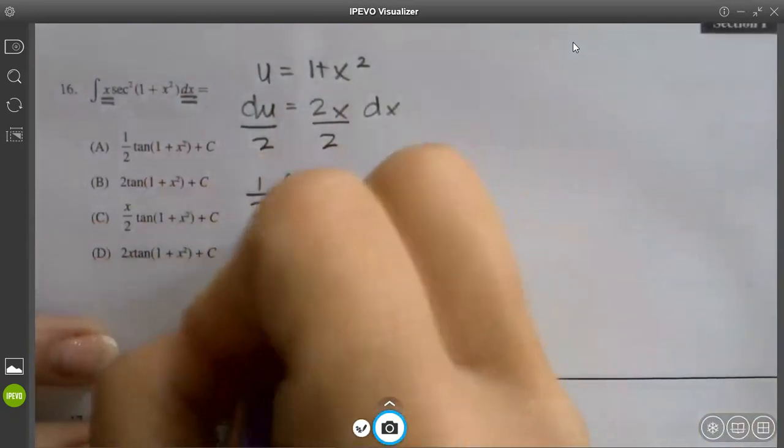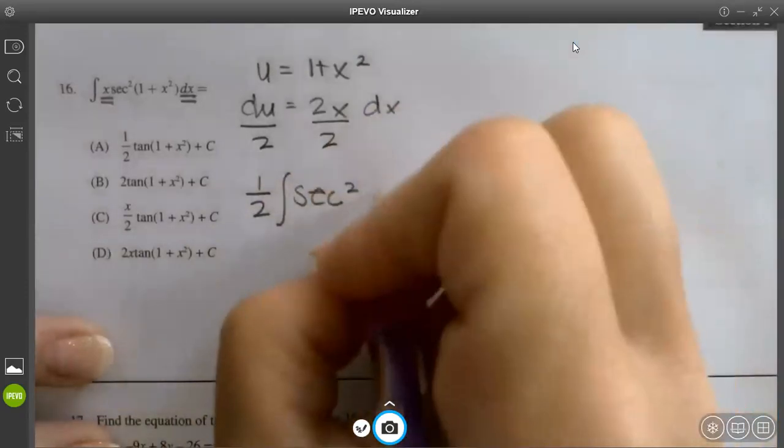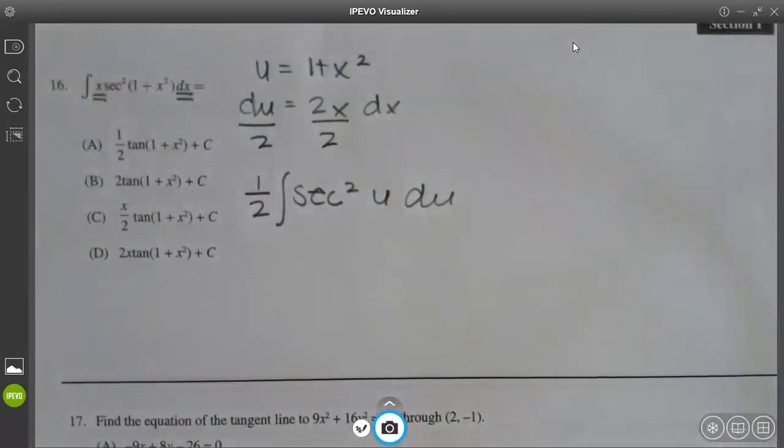So we take out a 1/2. We're taking the integral of secant squared U du. What's the integration of secant squared? Okay, so what caused the derivative to be secant squared? Remember, they're backwards. A minute ago I asked what's the derivative of tangent, and you got secant squared.